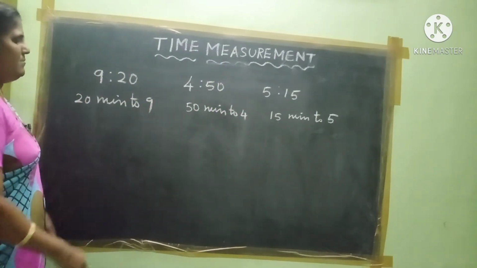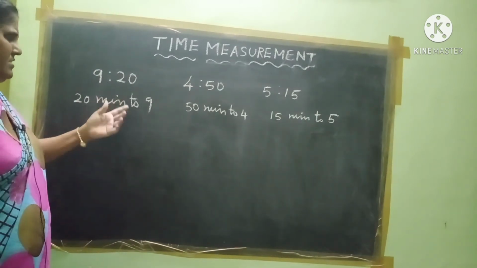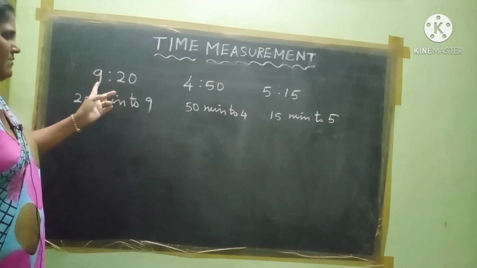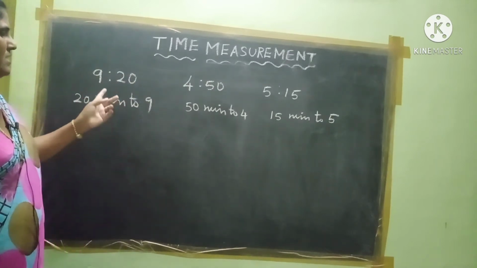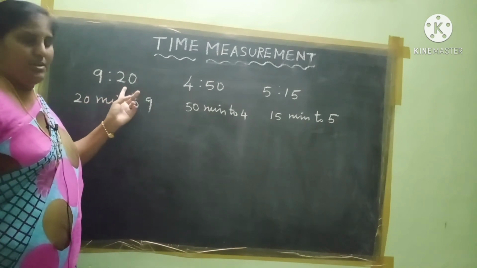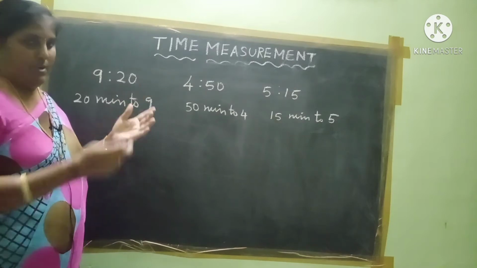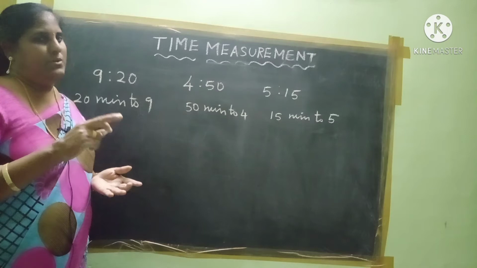Otherwise, how to read the number? The different way. The next way is, after 9 what will the time come? 10 hours. Isn't it? So if you want to make it 10, how many minutes are remaining? 60 minutes make 1 hour.